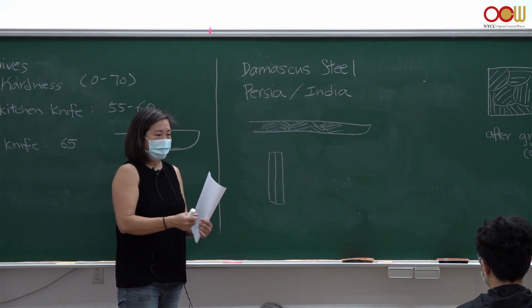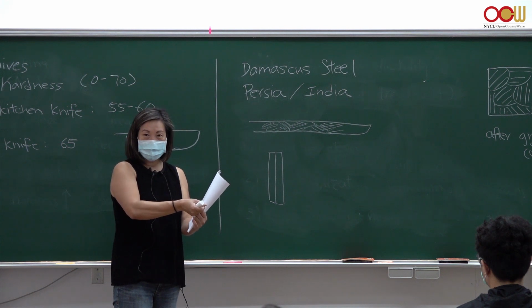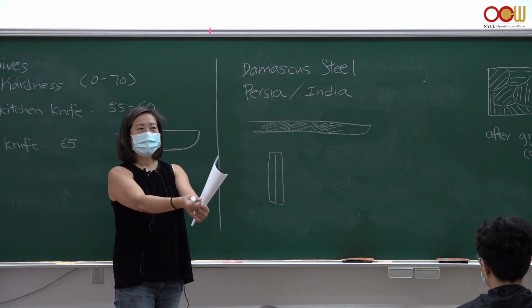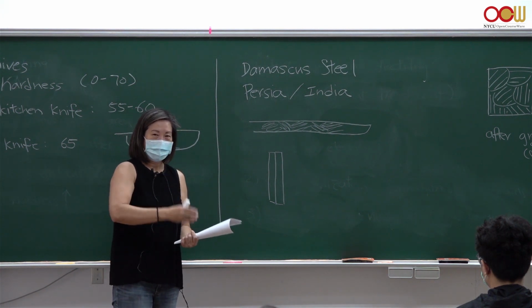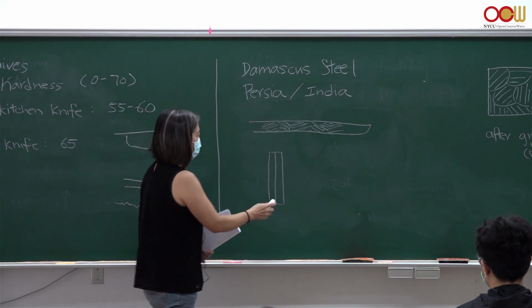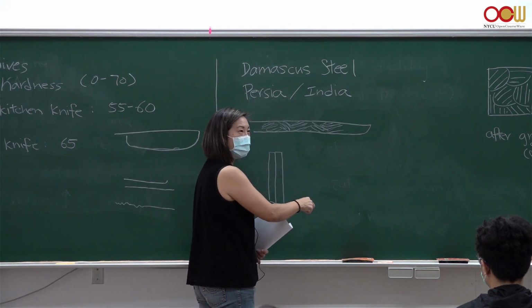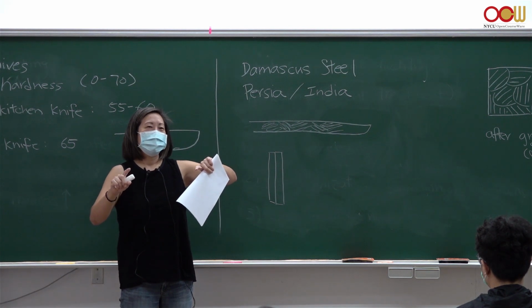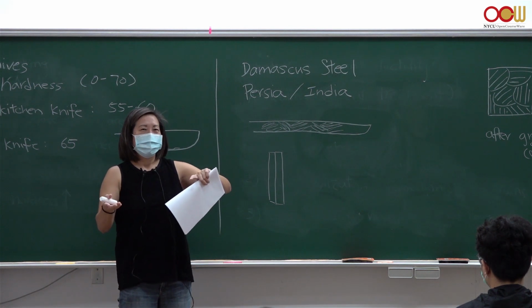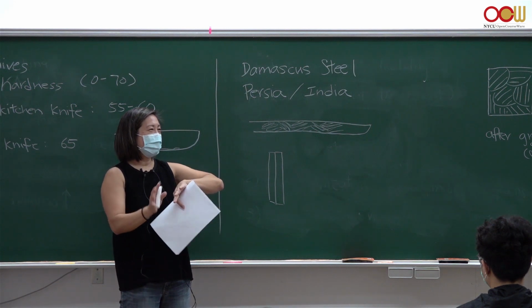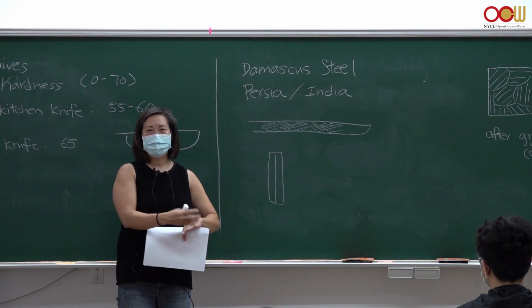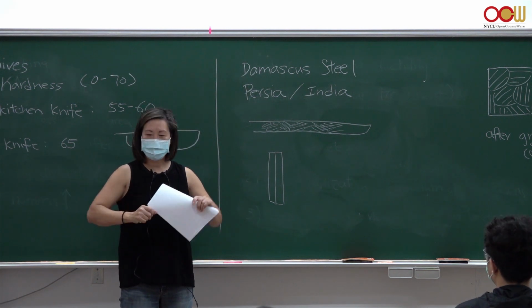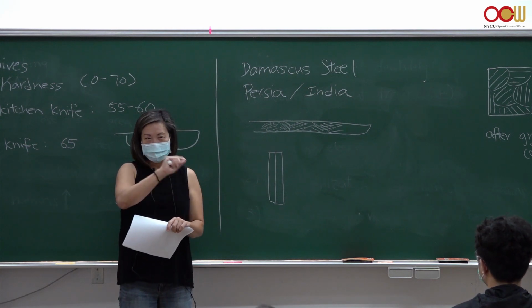And then he folds it over, puts it in the furnace again, takes it out, pounds it, so that it's making lots and lots and lots of layers, right? So if you know how to make a croissant, it's the same idea between flour and butter: you're folding the flour and butter over and over and flattening it to make tiny, tiny layers.